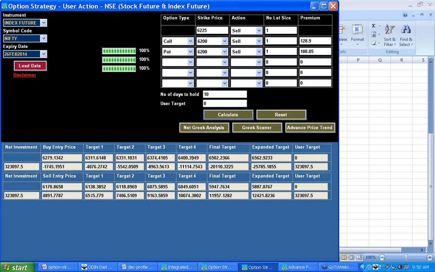And my profit is capped at around 11,000 to 12,000, because here I am getting some 5,000 rupees from put option sale, some 6,000 rupees plus from the call option sale, and 25 points from this, if I am taking a reference of 6225. So I am getting this view.